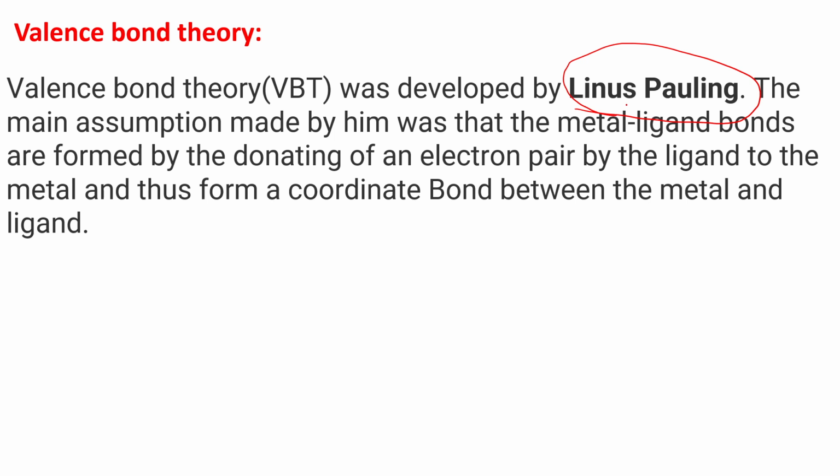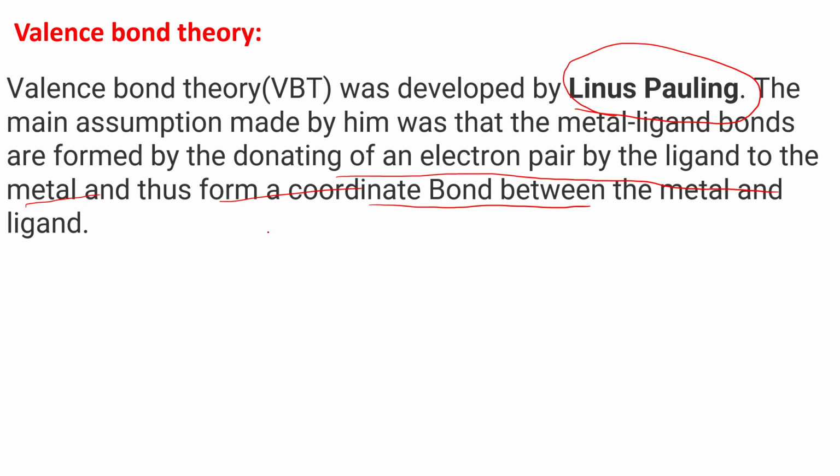The main assumption made by him was that the metal and ligand bonds are formed by the donation of one electron pair by the ligand to the metal, and thus form a coordinate bond between the metal and the ligand.